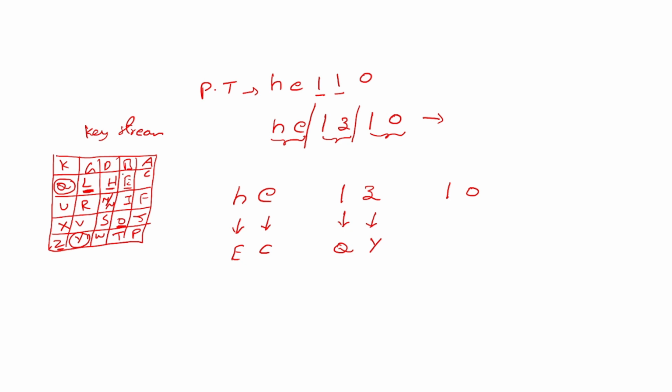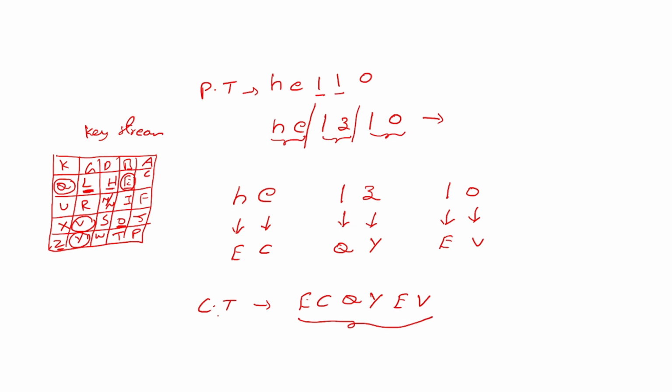So two cross section characters: E and V. For L, in the same row, the cross section character is E, which needs to be taken, and for O, V. So in total the cipher text is E, C, Q, Y, E, V. So this is the cipher text for hello.